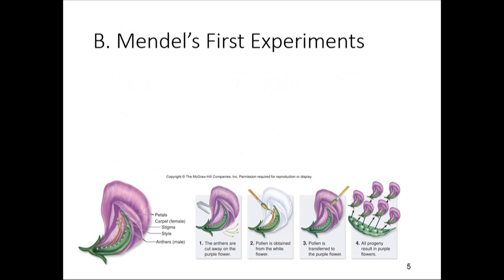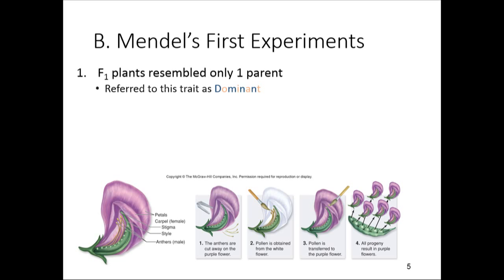So what Mendel did was he took true breeding plants and did a monohybrid cross. He took true breeding purple and true breeding white, and he cross-fertilized them. And all of the F1 generation had one trait.